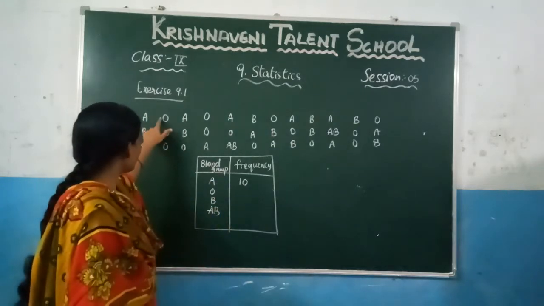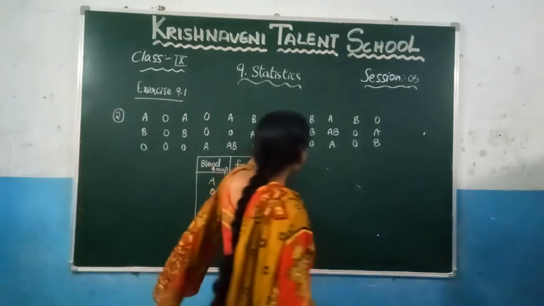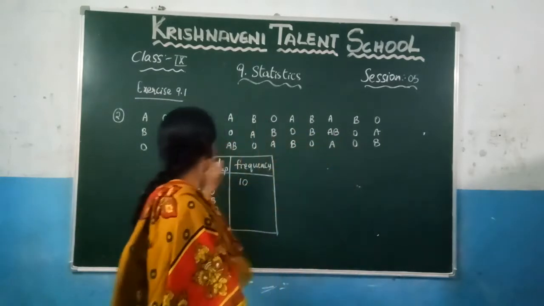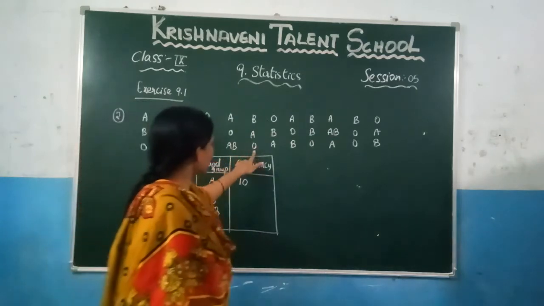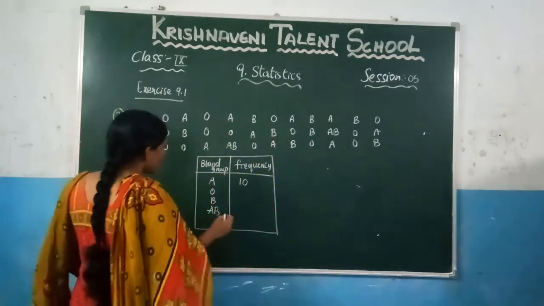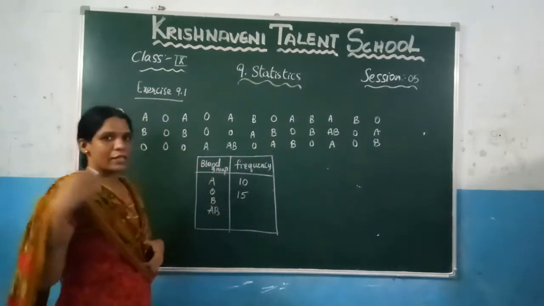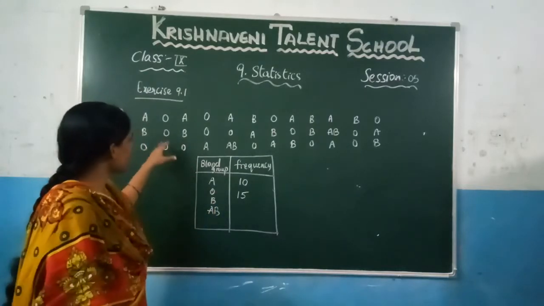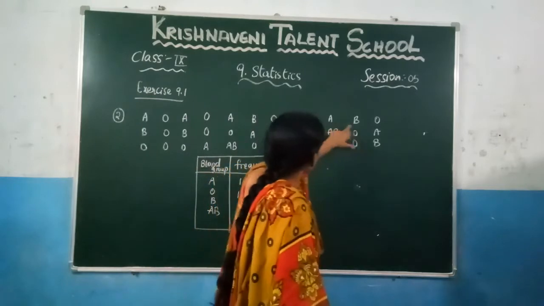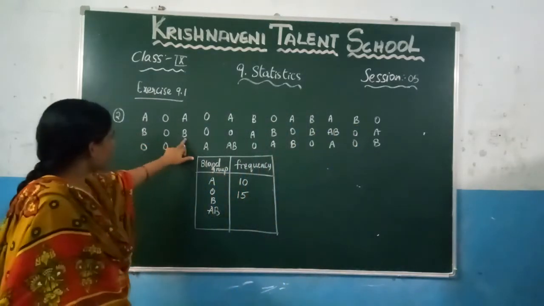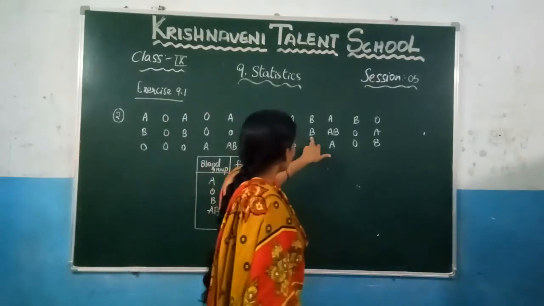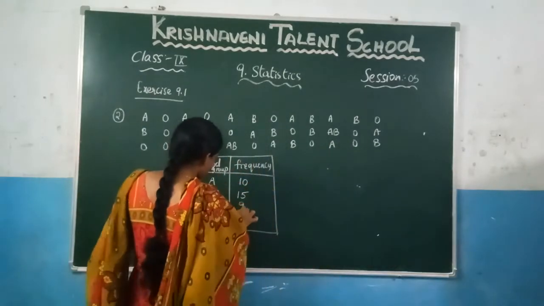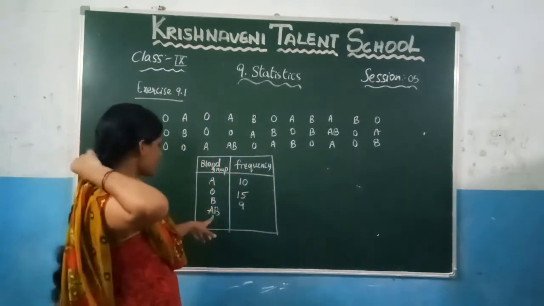Let us count it here: 1, 2, 3, 4, 5, 6, 7, 8, 9, 10, 11, 12, 13, 14, 15. 15 students have the blood group O. Now let us see how many students have the blood group B. Find how many B's are there in this data: 1, 2, 3, 4, 5, 6, 7, 8, 9. 9 students have the blood group B. Now let us check AB.